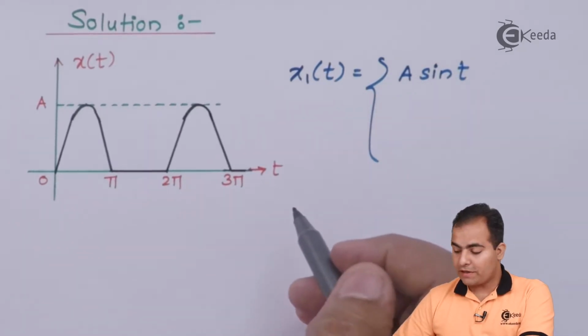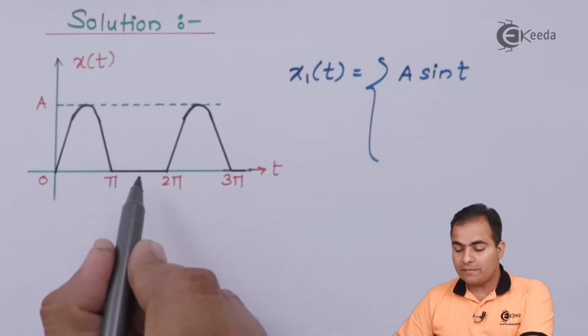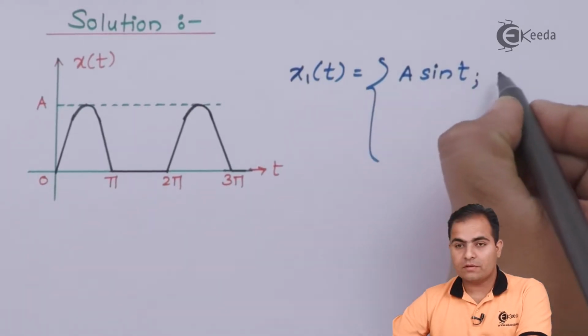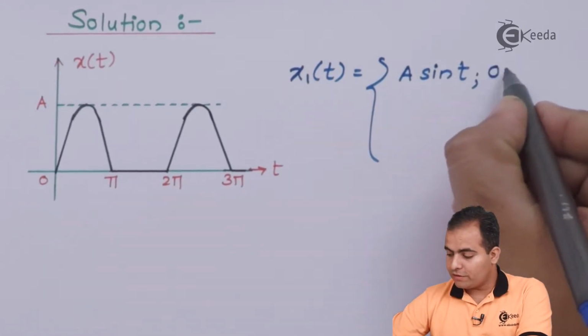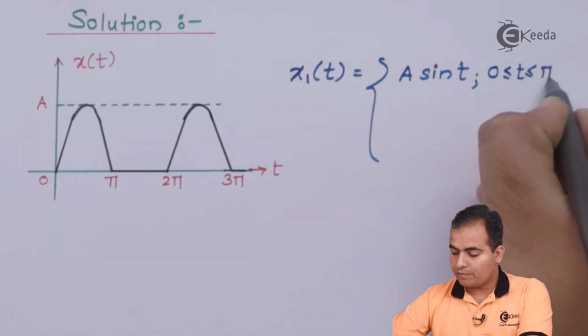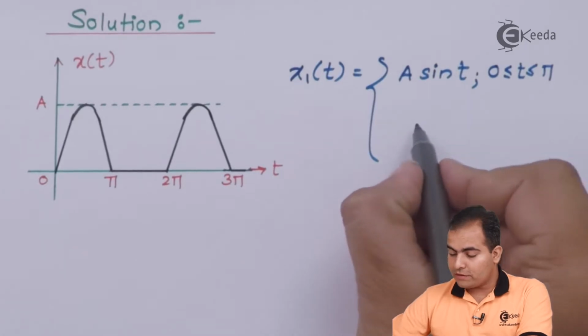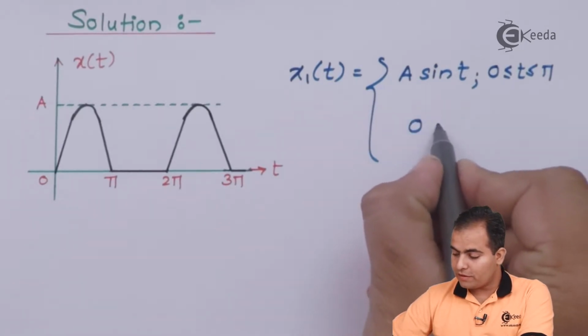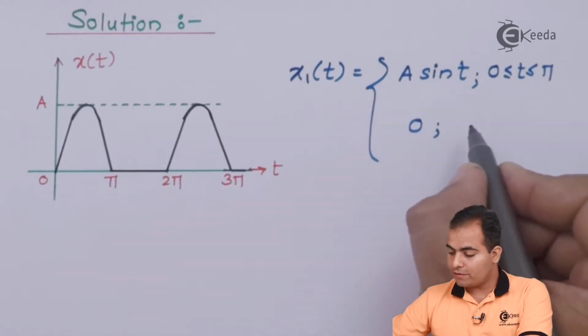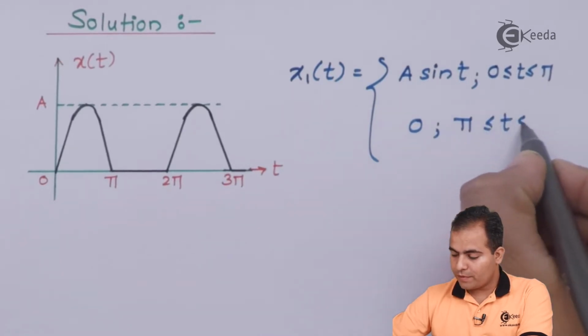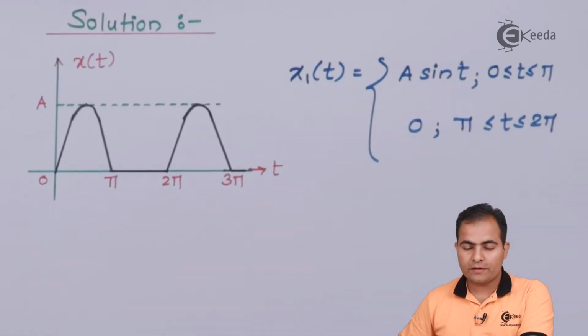Now the next part: this function is available from 0 to pi, so I write 0 to pi, and from pi to 2 pi the amplitude of this function is 0. So the amplitude is 0 from pi to 2 pi.